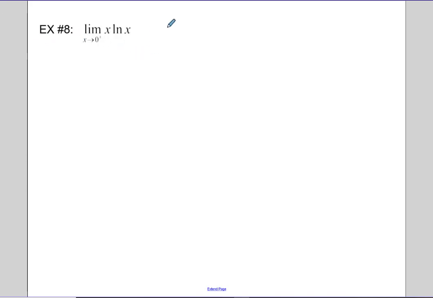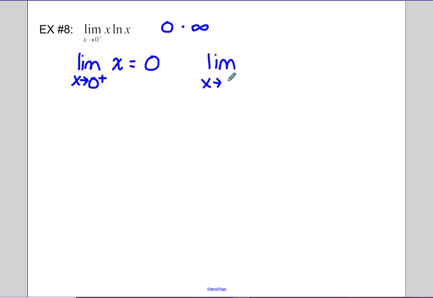So here in this case, if you apply the limit as x goes to 0 from the right, we have 0 times infinity. And again, if it was on the AP exam, I would need to show that I've got this limit being 0 and then the limit for the second function, natural log of x, being infinity.